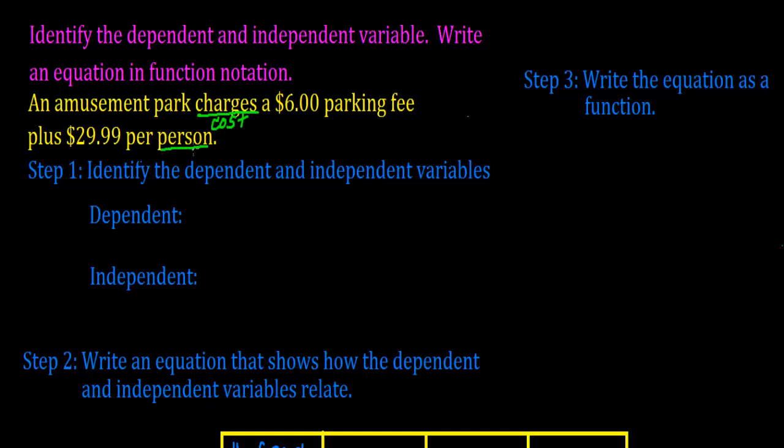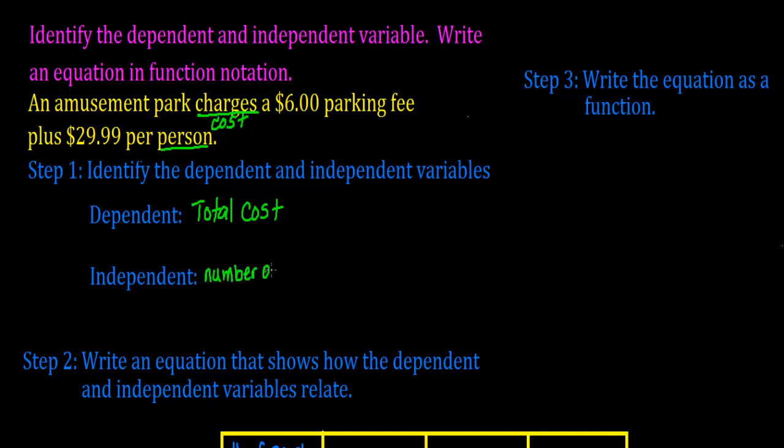Which of these two is the dependent variable? Well, the total cost. The total cost is the dependent variable because the total cost depends on who? On the amount of people that go with you to this amusement park. So if total cost is the dependent variable, then the other variable must be the number of people.